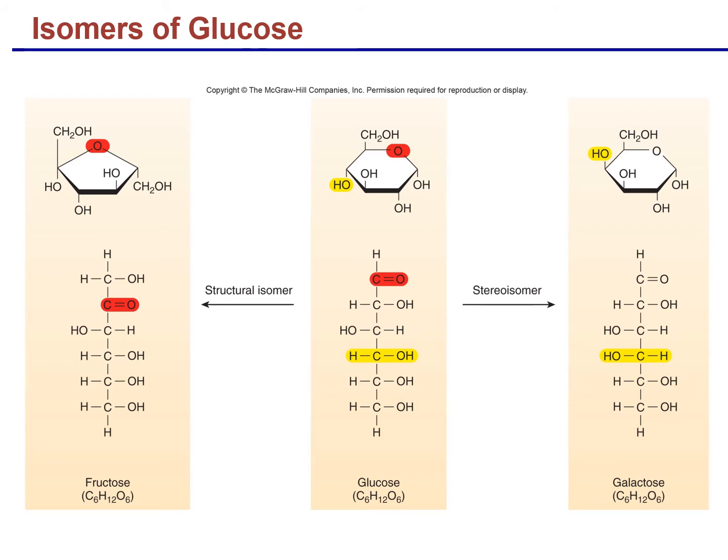So you can see they're both C6H12O6. Galactose is also an isomer of glucose. So especially the 6 carbon monosaccharides, structurally they're all very closely related to each other.